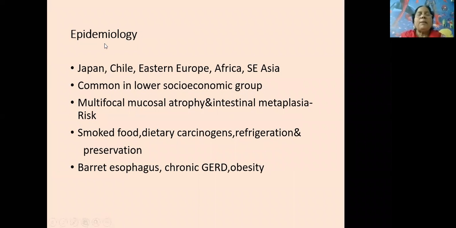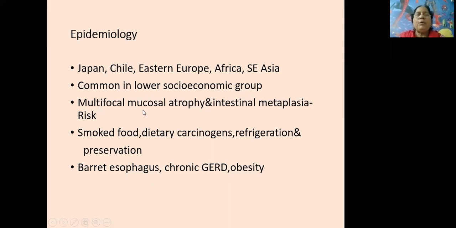So what is the epidemiology? Japan, more common because they are fond of smoked food. They eat a lot of smoked fish. Also Eastern Europe, Africa, and Southeast Asia. Nowadays it is present everywhere, and it is not so common in lower socioeconomic groups. Napoleon Bonaparte did not belong to the lower socioeconomic group, but he had some genetic history.